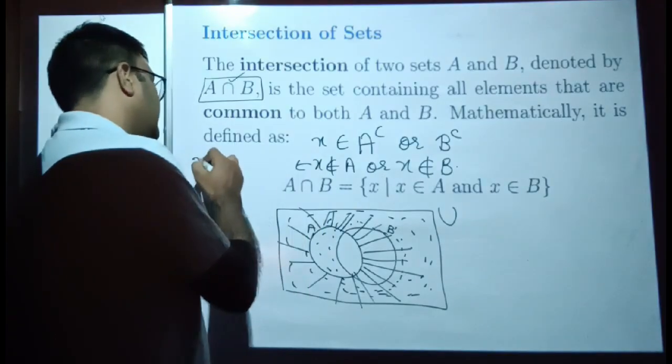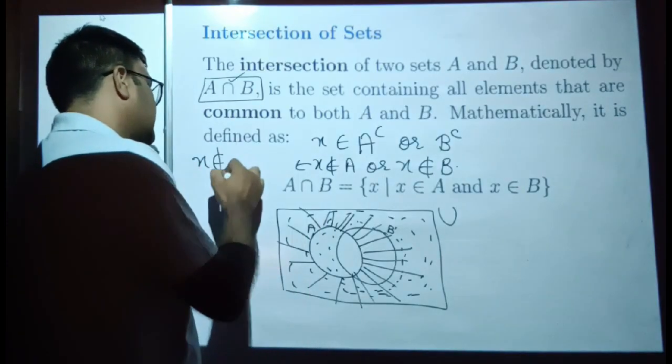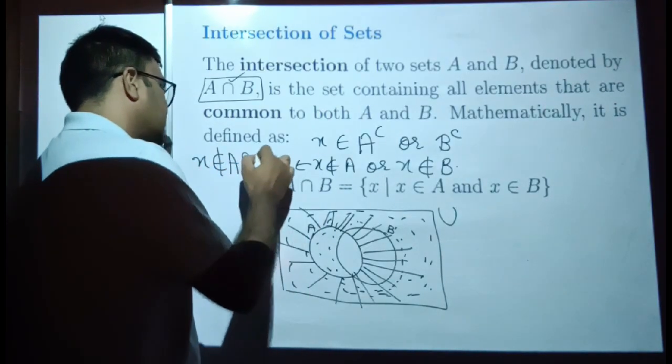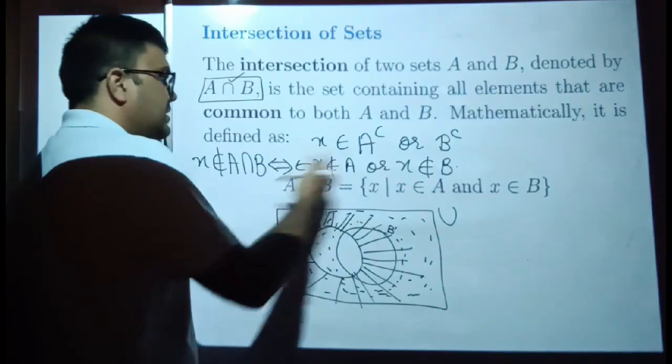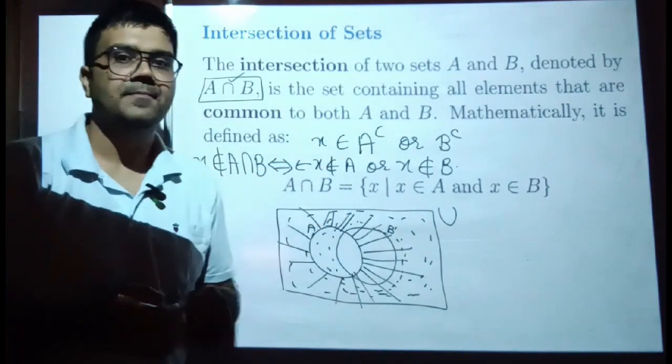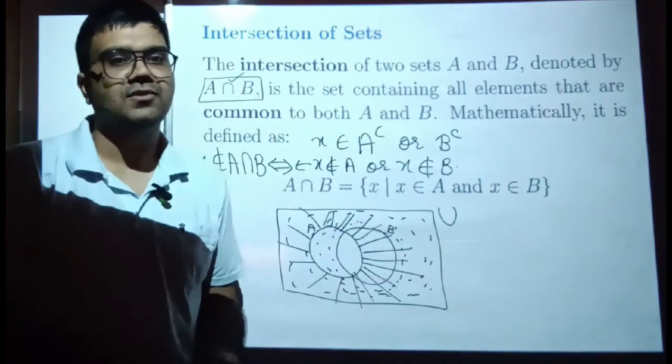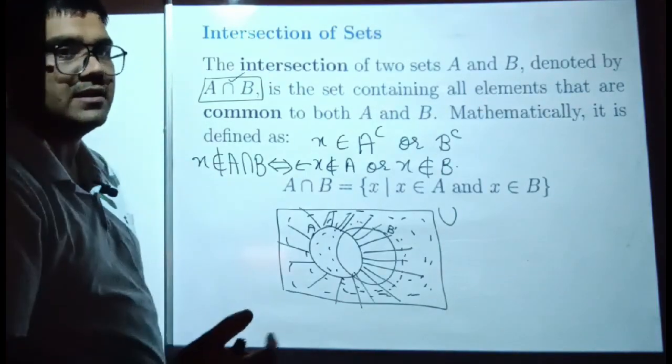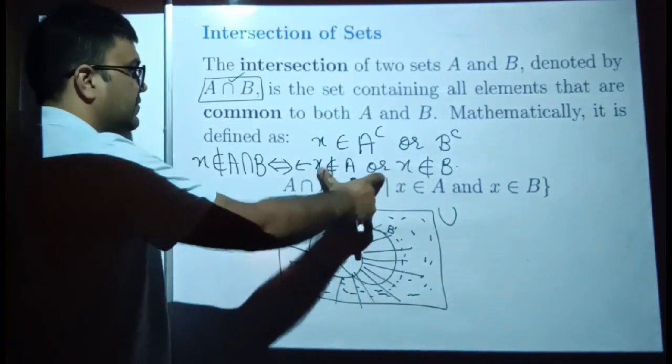So this will mean that x does not belong to A intersection B. These two conditions are equivalent. This is the converse of the definition that we have used for the intersection.